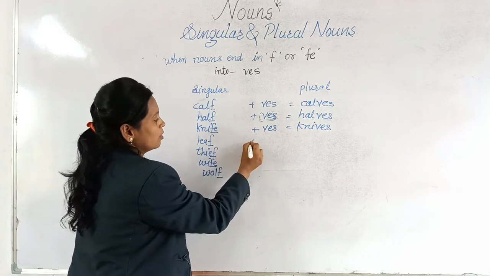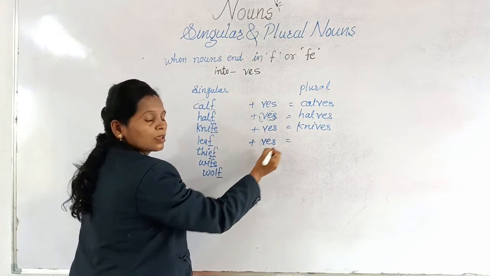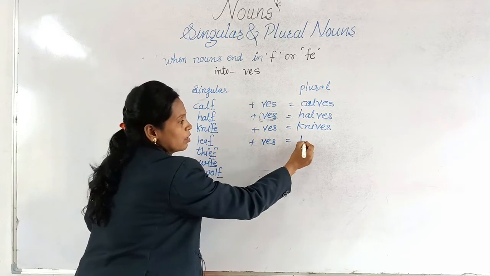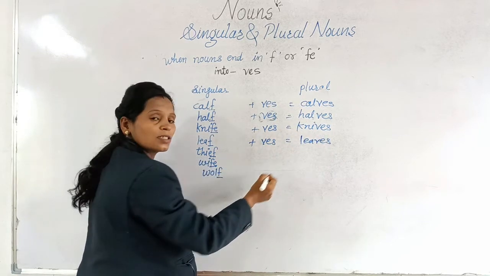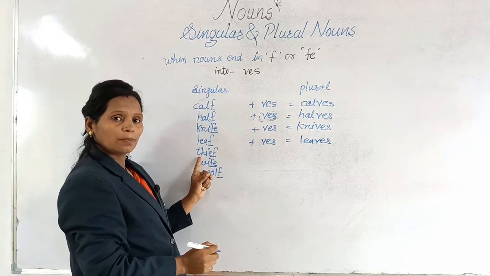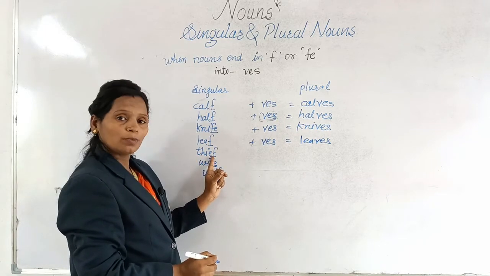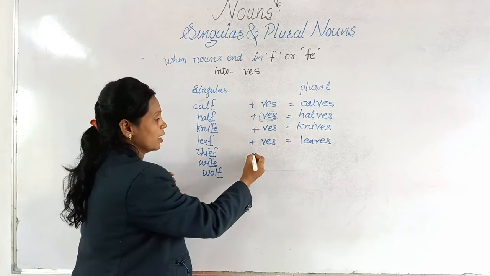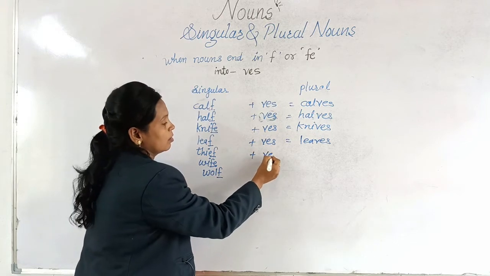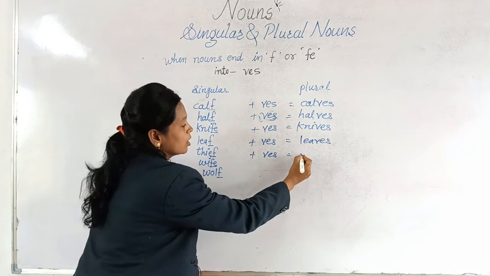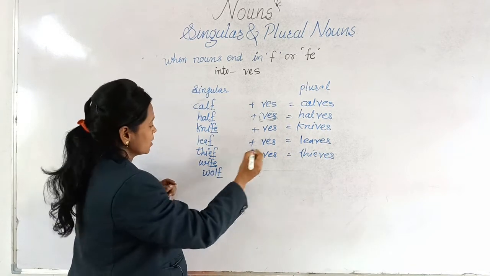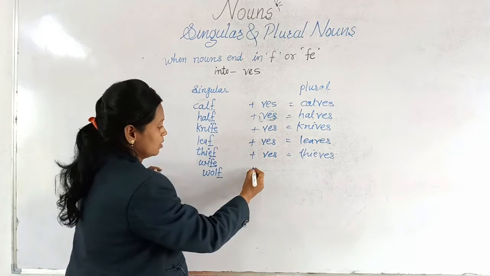Then leaf. How can you make it? Yes, tell me. Leaves. Very good. Then thief, ending in F, so we add VES to make it plural: thieves. Then wife, wives.